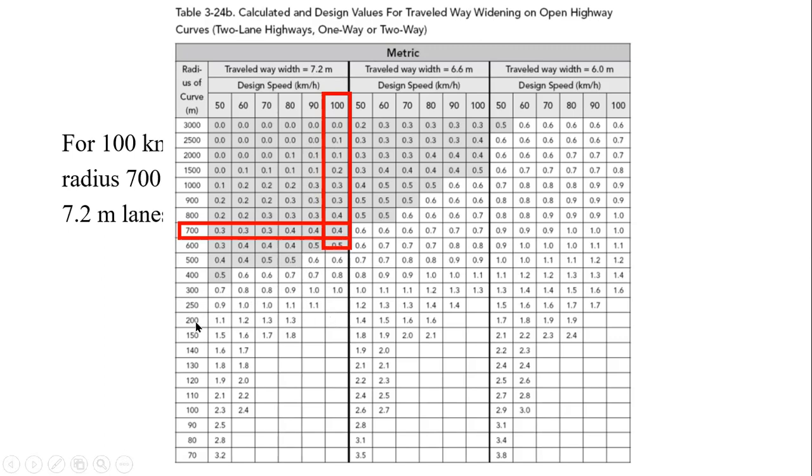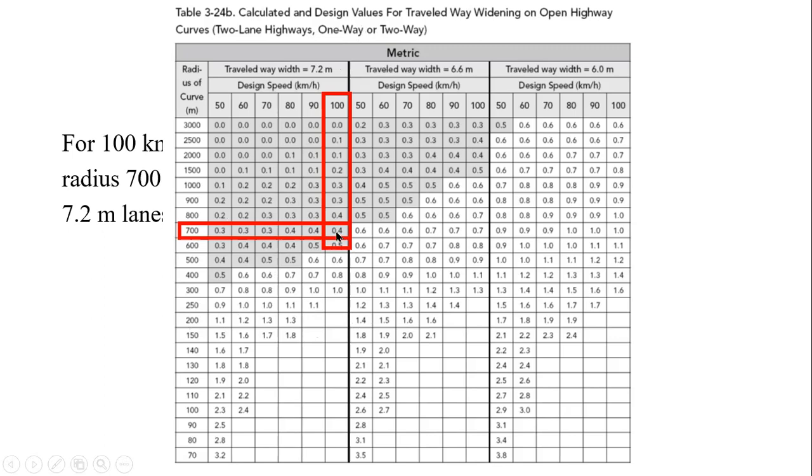It means the 200 meter radius, and for 100 kilometers per hour, there is no value. Actually, it says that for a 200 meter radius, a speed of 90 and 100 is impossible. So this 200 meter is not an adequate radius. You must have a bigger radius. You have to provide a bigger radius. So this is how you can always do this.